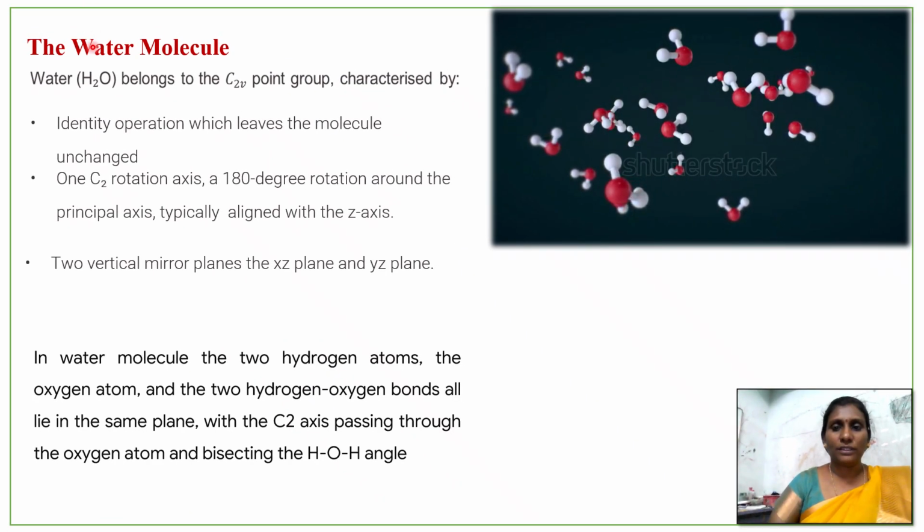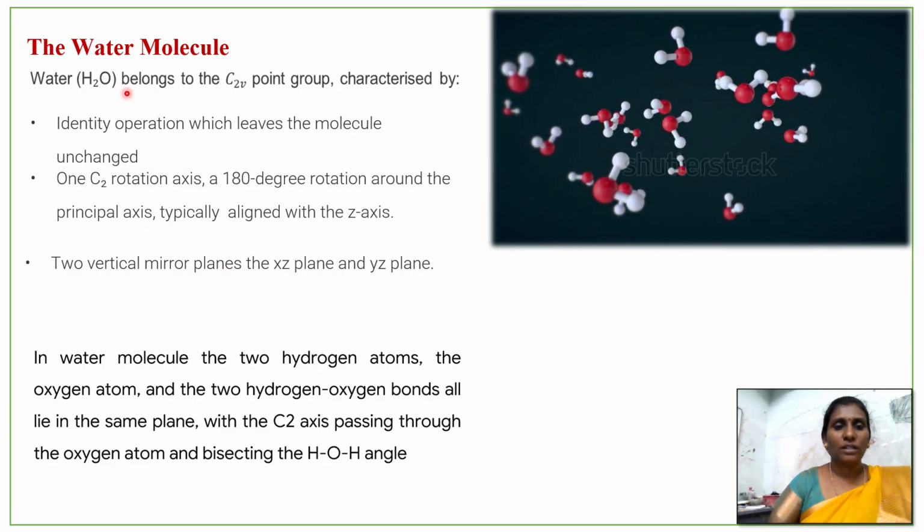For example, the water molecule. The water molecule H2O belongs to the C2v point group. The C2v point group is characterized by the identity operation, which leaves the molecule unchanged; one C2 rotation axis, that is a 180-degree rotation around the principal axis, typically aligned with the Z axis.